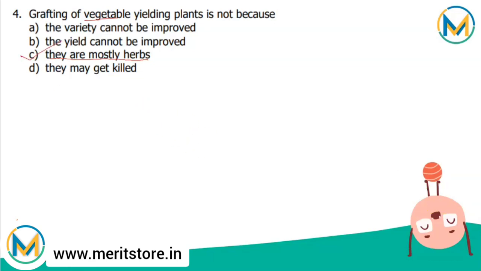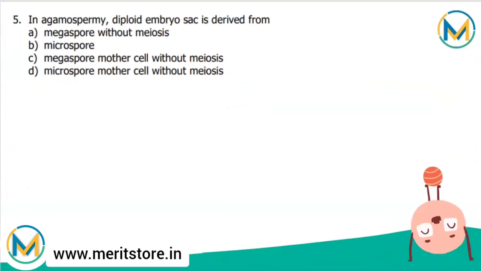And the last question, in agamospermy, diploid embryo sac is derived from. So basically seeds are produced and the embryo is formed, but meiosis and fertilization are eliminated in agamospermy.